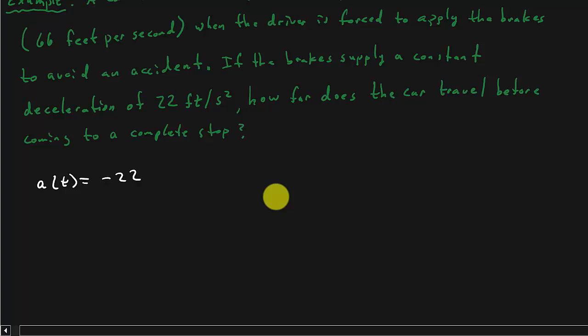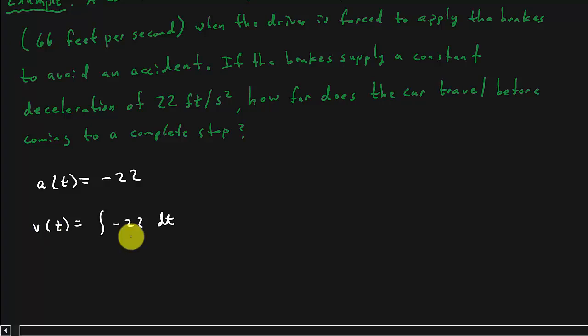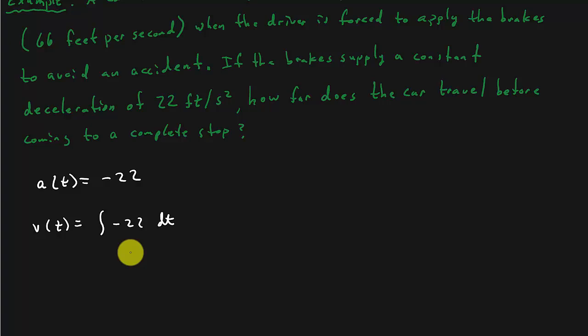So if I have acceleration, could I get velocity? Yeah, I could take the acceleration function and integrate it, and that would give me the velocity function, right? And then think about this. Once I get the velocity function, if I integrate the velocity function, that's going to give me the position function.